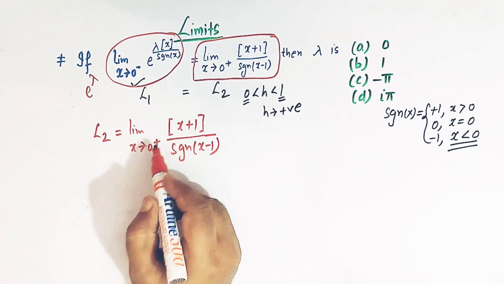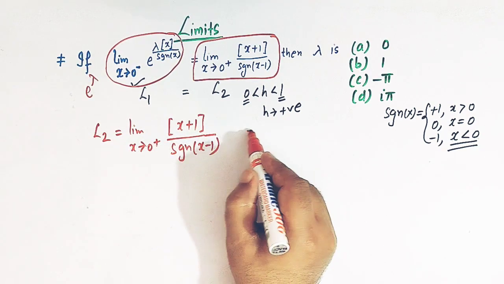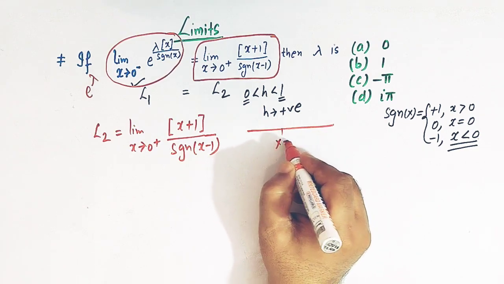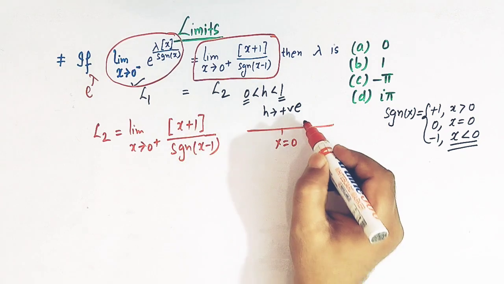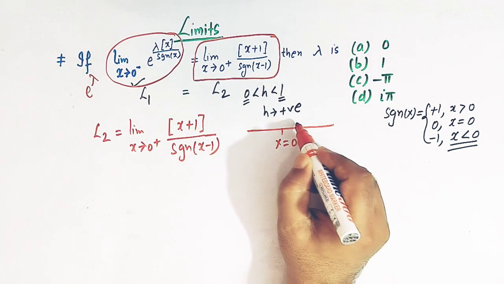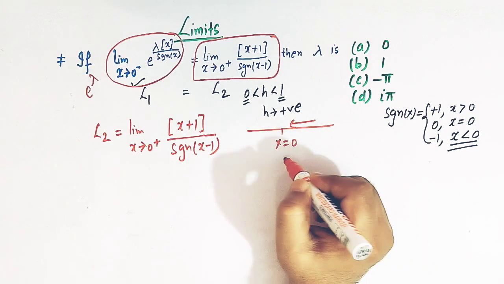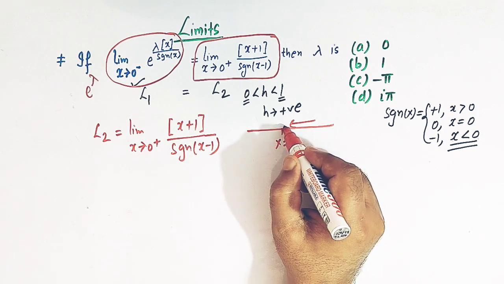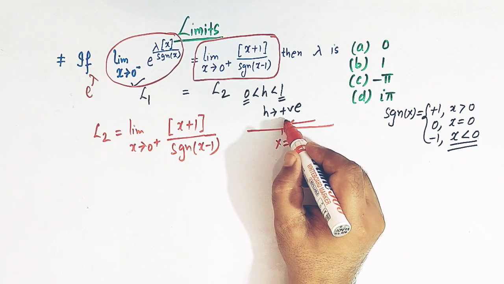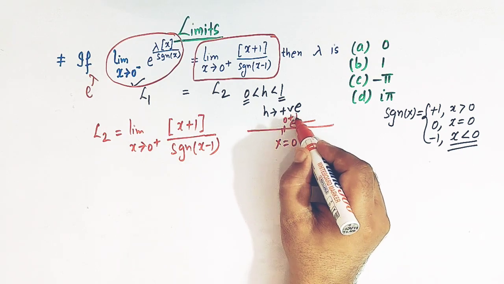Now this positive sign shows that we have to find the right hand limit of this function when x approaches 0 from the right. So we are at some point which is 0 plus h.